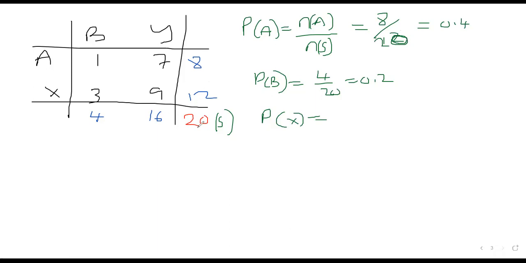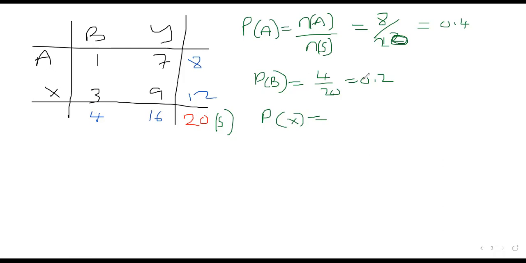No, it's supposed to be over the sample space. Correct. So it is the total for A, it's 8 over 20. Who wrote this 12 here? You're the one who wrote the 12 on my screen. Then the probability of B is 4 over 20.